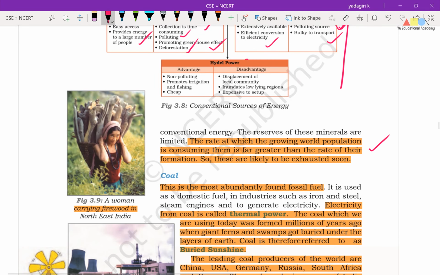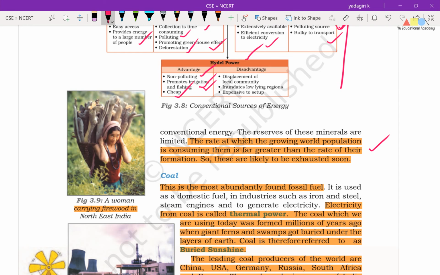Okay friends, the last one is tidal power. The advantages are it is non-polluting, and it promotes irrigation and fishing. Sorry, when a project is built for the production of hydroelectric power, the water is stored, and through that we can divert that water for irrigation, and also we can do aquaculture in the stored water.